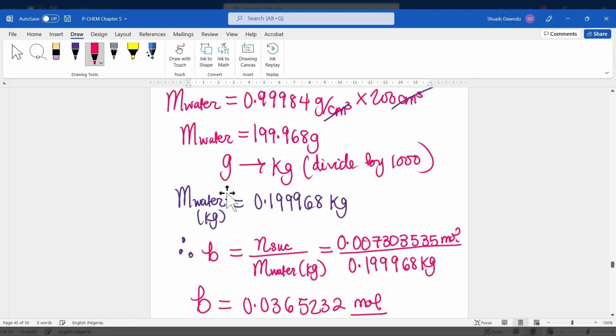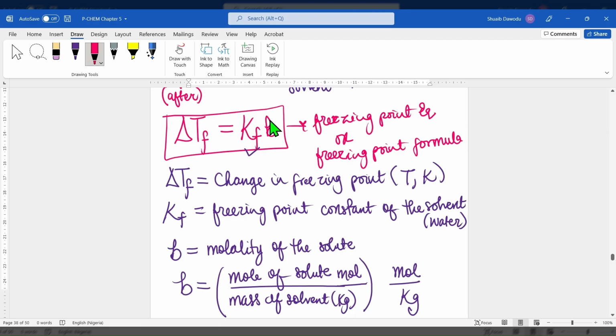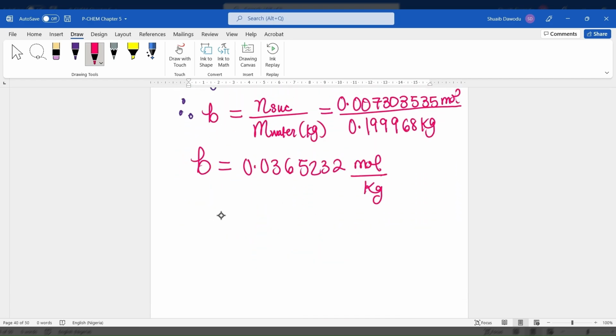So we have the value for B. And remember, we need to substitute into this equation, change in T sub F is equal to K sub F multiplied by B. Remember, K sub F is of water because it's the constant value for the solvent, multiplied by the value for B, which is the solute, in this case sucrose.